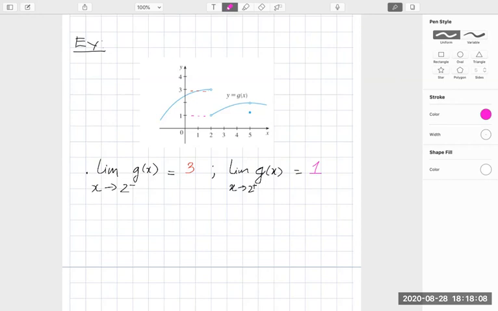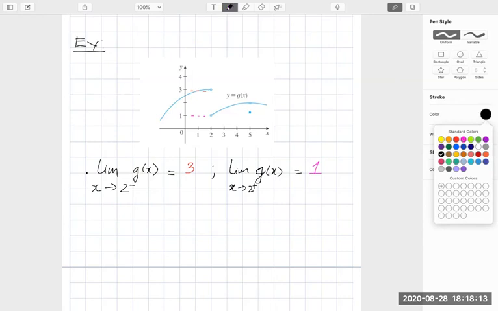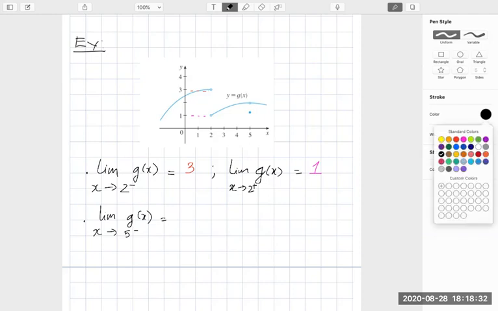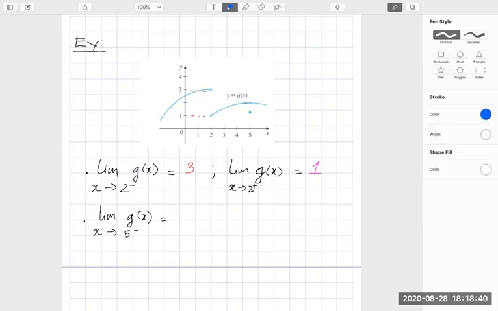Okay, at 5 is trickier. Now, the limit of g of x when x approaches the left side of 5 should be going this way, right? Right here. And from the graph, we know that this value is 2, right? Right here, this guy, it should be 2.